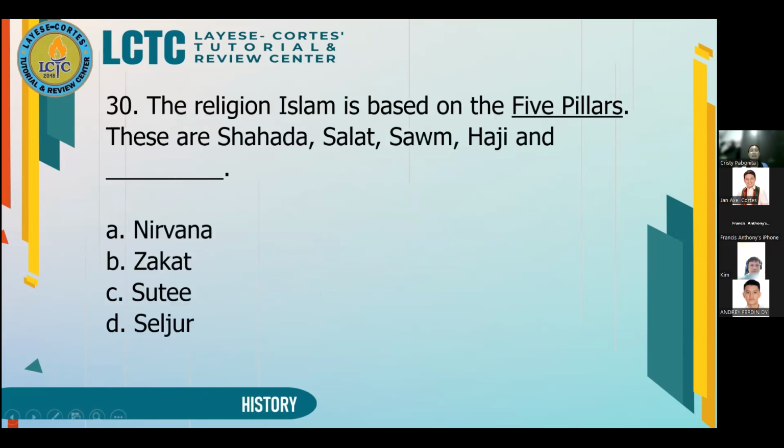30. The religion Islam is based on the 5 pillars. As I said a while ago, we have the Shahada, the Salat, the Saum, the Hajj, and the 5th one. What is the 5th one? Zakat, letter B. Yes, very good.